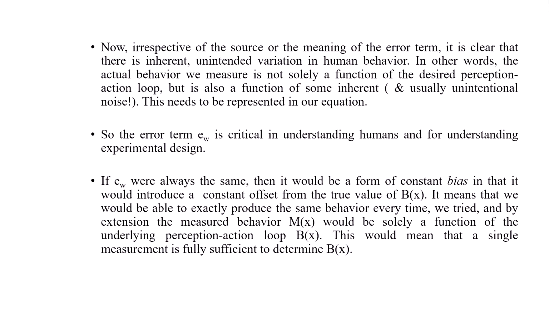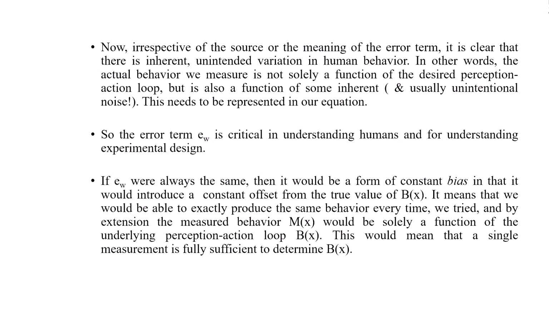So, irrespective of where the error term is coming from, it should be clear that there is inherent unintended variation in human behavior. In other words, the actual behavior we measure is not solely a function of the desired perception action loop, what the participant wanted to do or what you instructed them to do, but also a function of some inherent noise. Okay?